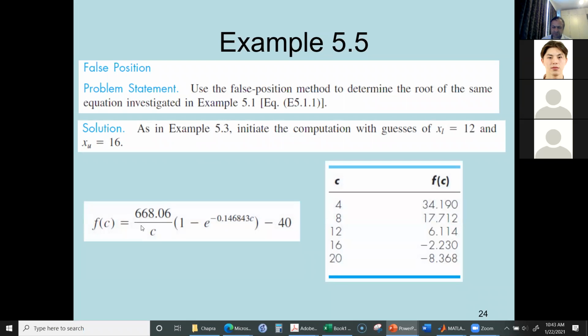Remember that this was the original equation and the data. We know that at 12 the function has this value, and at 16 the value of the function is minus 2.23.